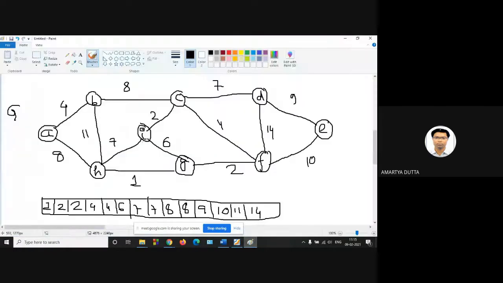So first one is 1. Can you take 1? Yes, so 1 is taken. Next one is 2. Which 2 should I take?